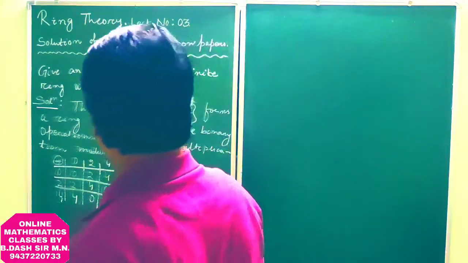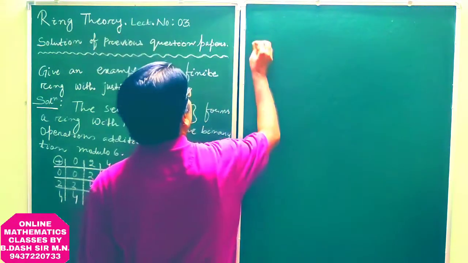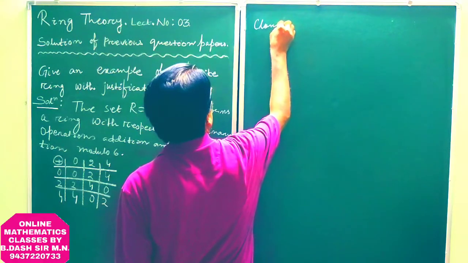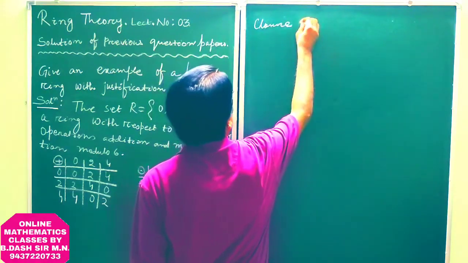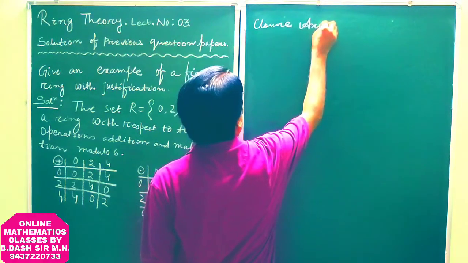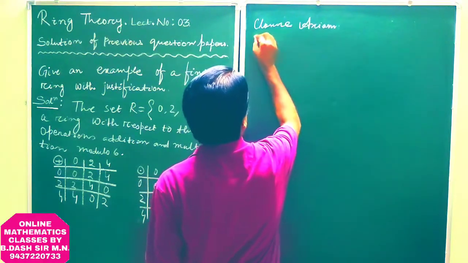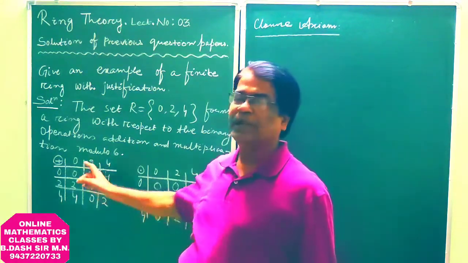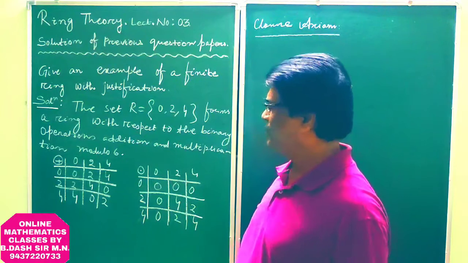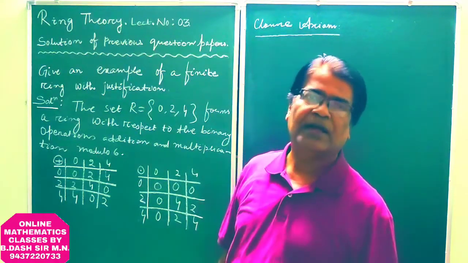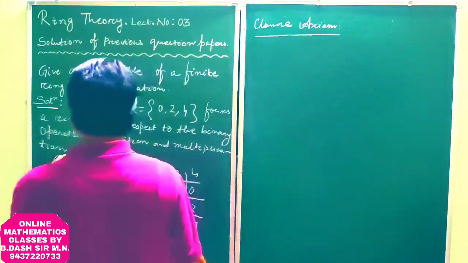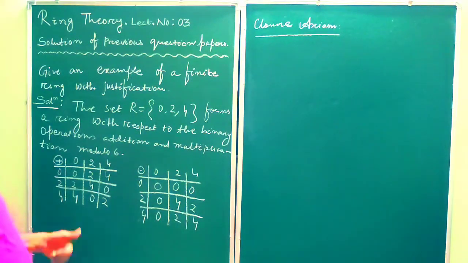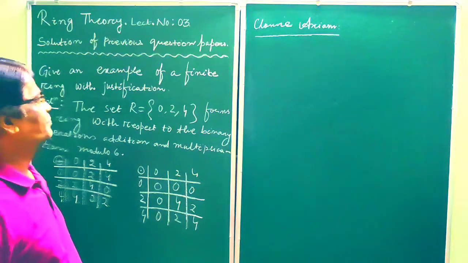Let us start one by one. First, the closure axiom. In this case, with respect to addition modulo 6, we have to verify that the addition of any two elements from this set will again be inside the set.